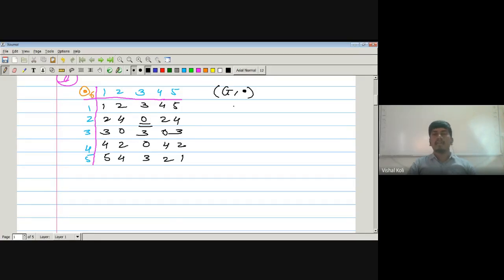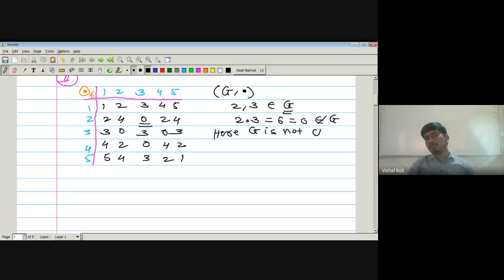Here 2 and 3 are members of set G, but its multiplication 2 into 3 under modulo 6 is 0, not belonging to G. Therefore, G is not closed with respect to multiplication, as it fails to hold the closure property, so it is not a group, which implies G is not a group.